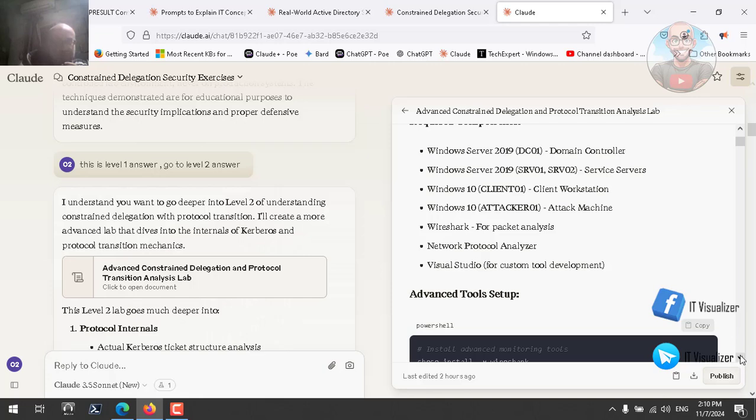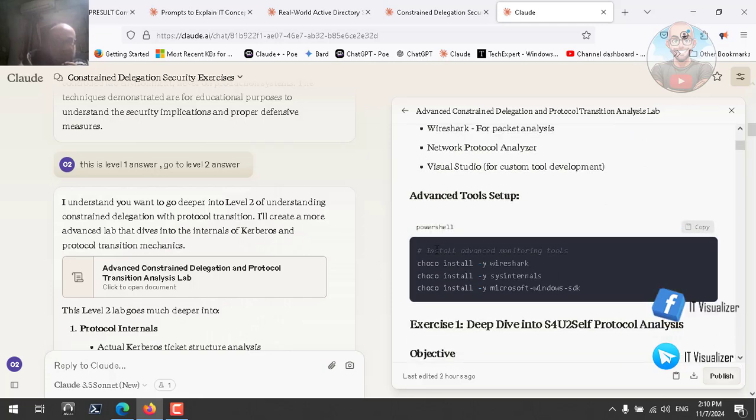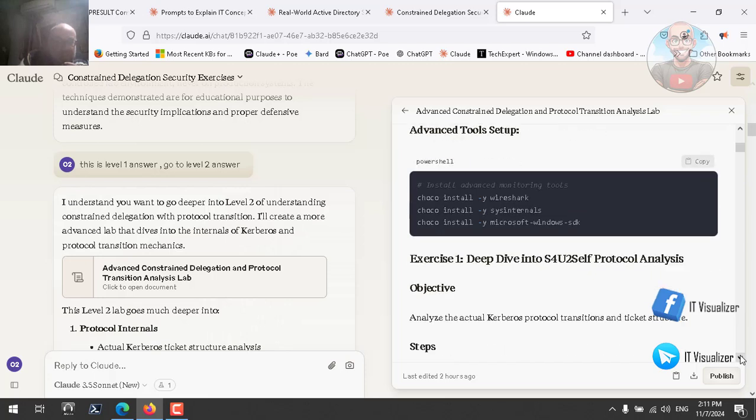Now we can see that, first of all, he is downloading all of these programs using Chocolatey, which is a very famous program to install and download programs automatically. So this is a deep dive into protocol analysis, or how to take a ticket, analyzing the actual Kerberos protocol transition and ticket structure.